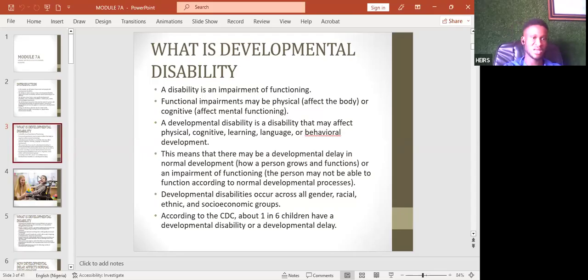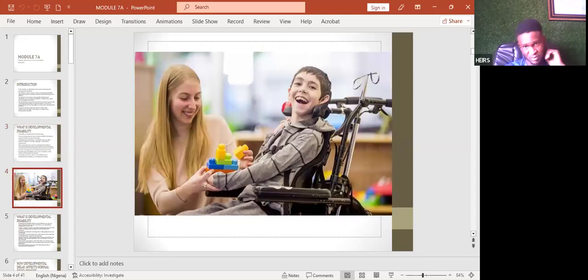And looking at a picture here, this child is in a wheelchair, not being able to walk as a result of what? There are two things that could have happened here. It is either the legs can't carry the weight of the body or the spinal cord has an issue. So in either way, the child has lost his ability to walk.